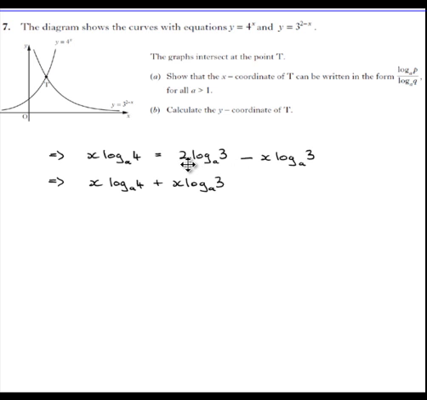On the right hand side we're left with 2 log to the base a of 3, but using the third law again we can bring this 2 up and make it a power. So this is log to the base a of 3 squared, which is log to the base a of 9 on the right hand side.